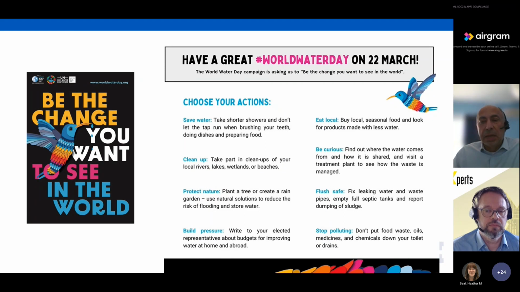Other actions can be cleaning the rivers and lakes, fixing leaking water and damaged pipes, and many more. So it's a call for each one of us to be the hummingbird to start the action and react to the crisis.